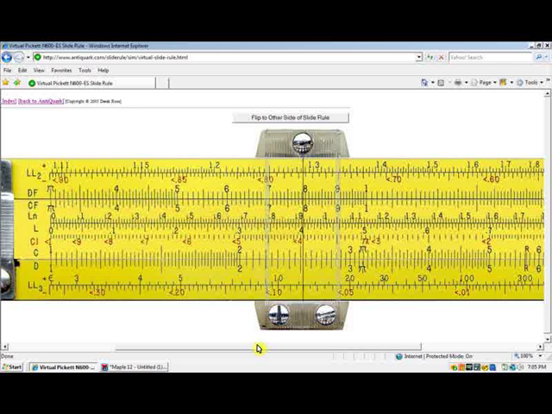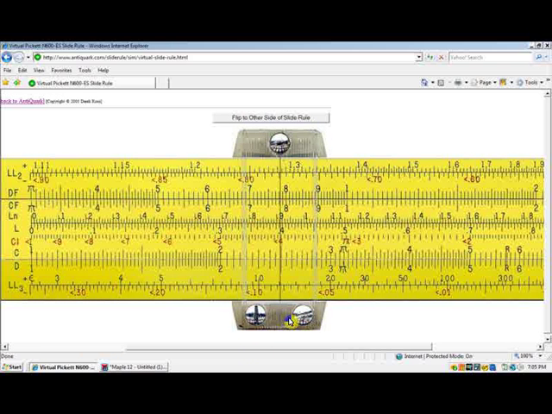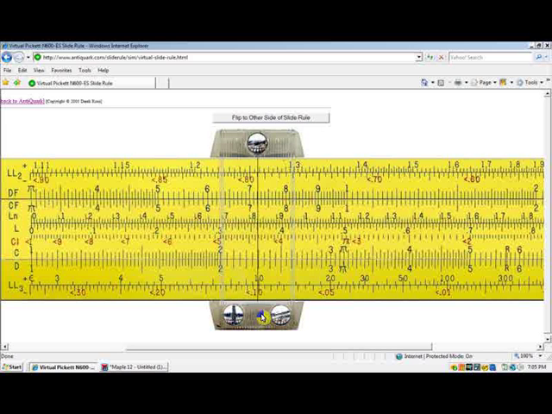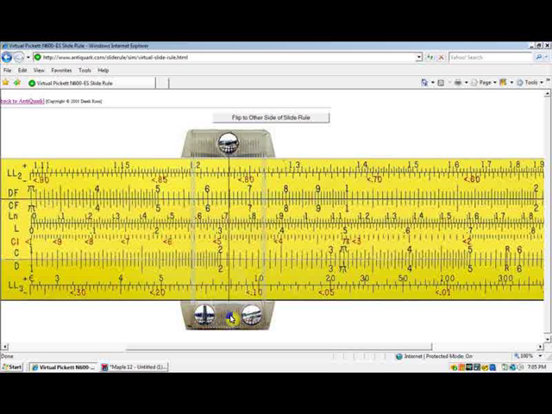Let's say I wanted the log base 10 of 0.487. Well, there's 4 up here on the CL scale. 4, that's 5, 6, 7. 0.487 would put me right about there. Maybe a little further. So for the log base 10 of 0.487, I should get a negative value, negative 0.313, it looks like, right there.